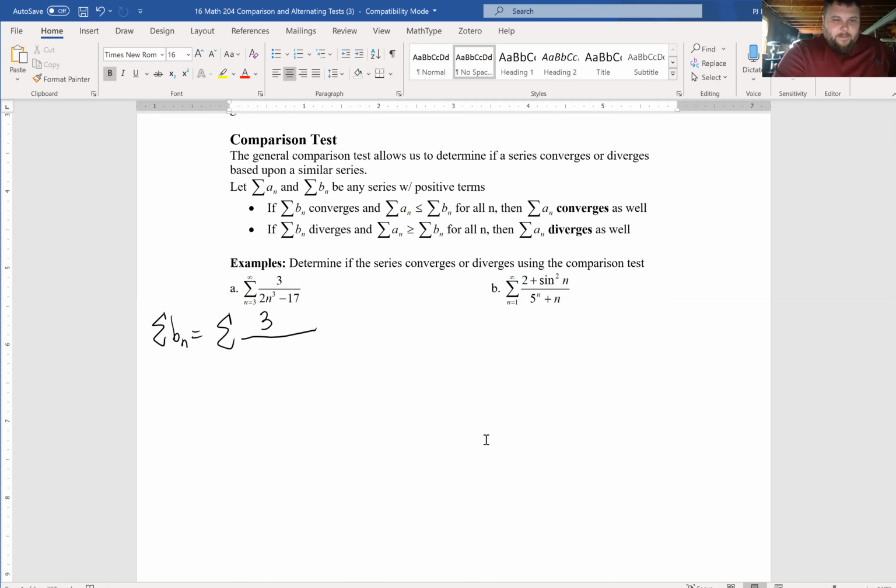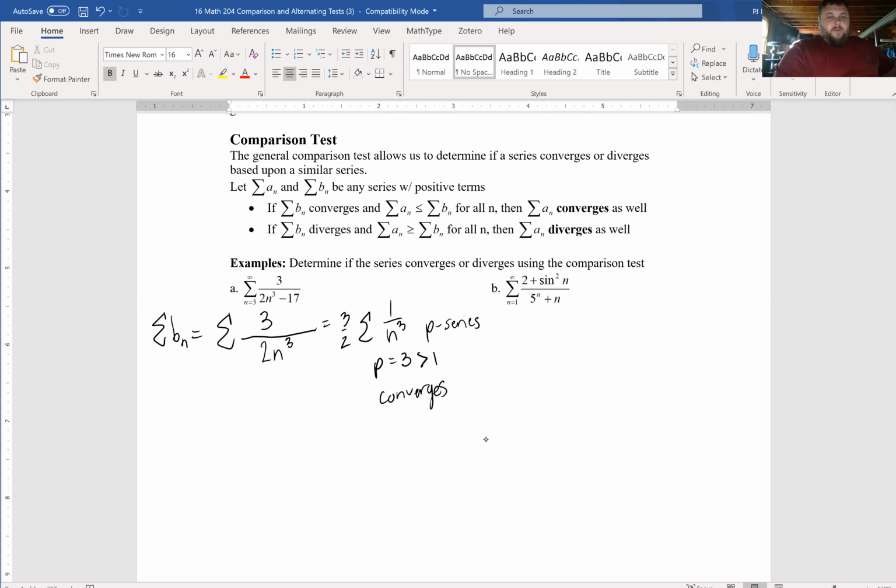So we're going to take the 2n cubed because minus 17 doesn't change. Okay. And if we want, we could take that 3 halves out in front. And now I've got a p series. P equals 3, which is greater than 1. Therefore, it converges.